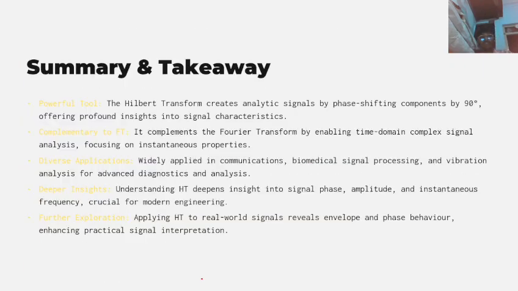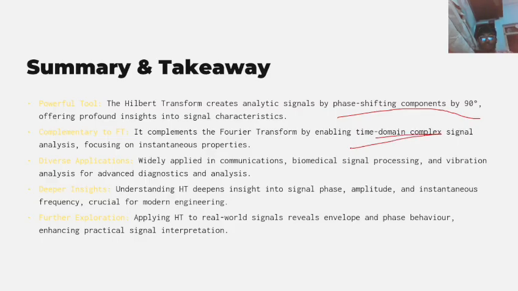Next, summary and takeaway. Why is the Hilbert transform used mainly? It is a powerful tool. The Hilbert transform creates analytic signals by phase shifting components by 90 degrees, providing insight into signal characteristics. It is a complementary tool to the Fourier transform. It is similar to the Fourier transform but enables a time domain complex representation.